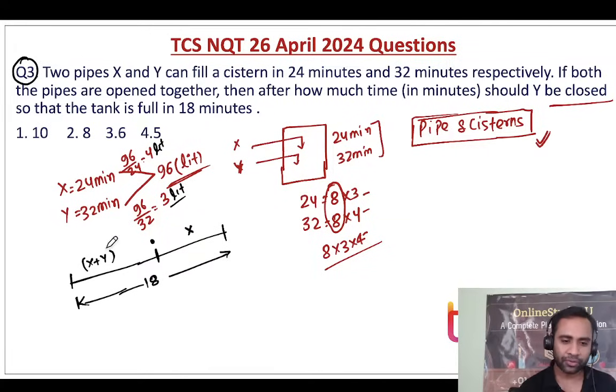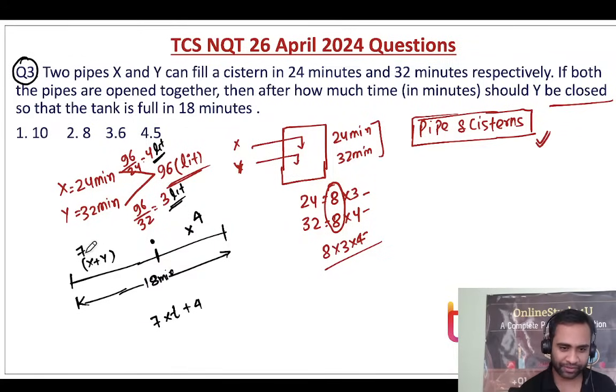If X plus Y work, they fill 4 plus 3, 7 liters in 1 minute. If X alone works, it fills 4 liters in 1 minute. Suppose X plus Y worked for T time, with a total of 18 minutes.